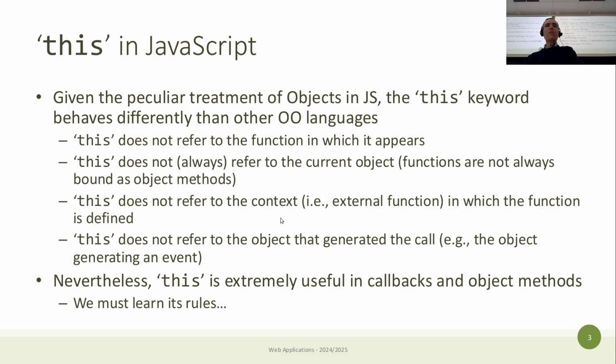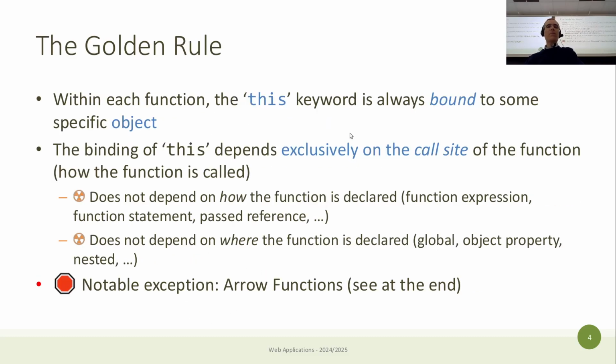This does not refer to the context and does not refer to the object that generated the call. But it's very useful, so we need to learn these rules. So in short, this, when it is used inside a function, is always bound, so attached, to a certain specific object, and we need to understand which one.